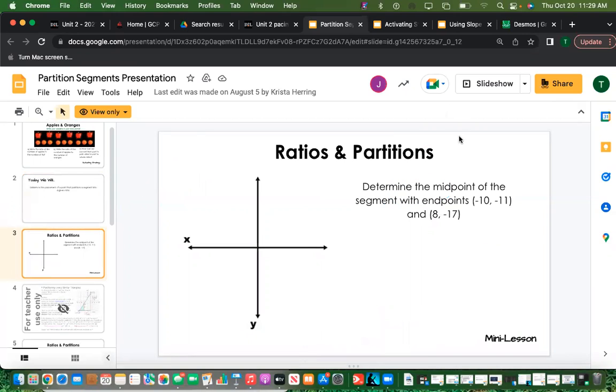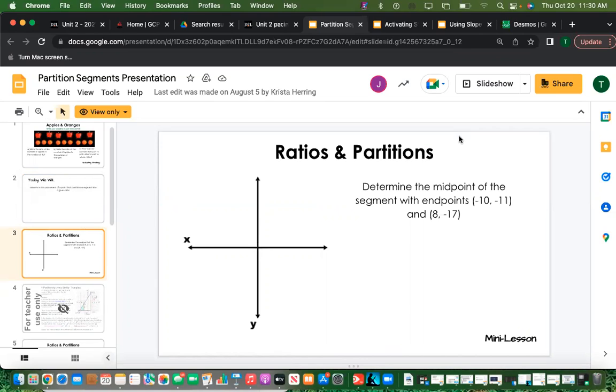All right, so on your paper, go ahead and draw this out. Determine the midpoint of the segment. I mean, I guess just use the calculator. Where did you find the distance?